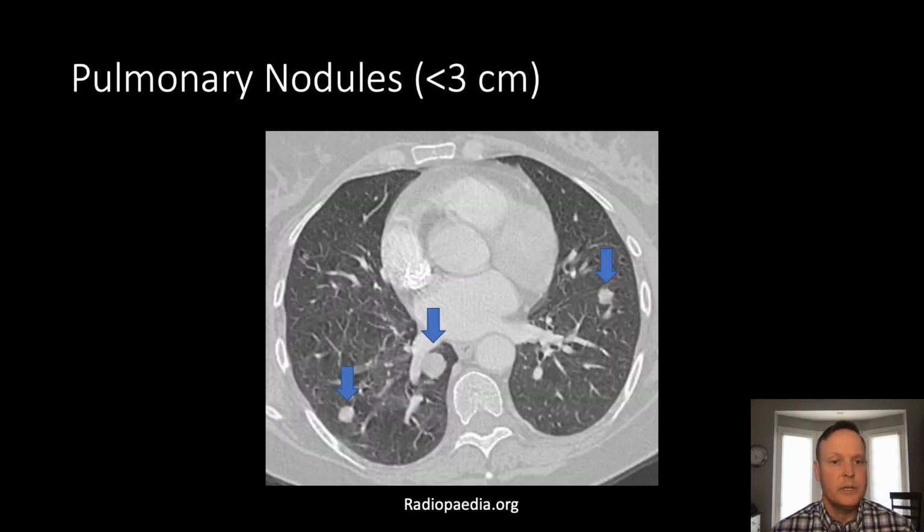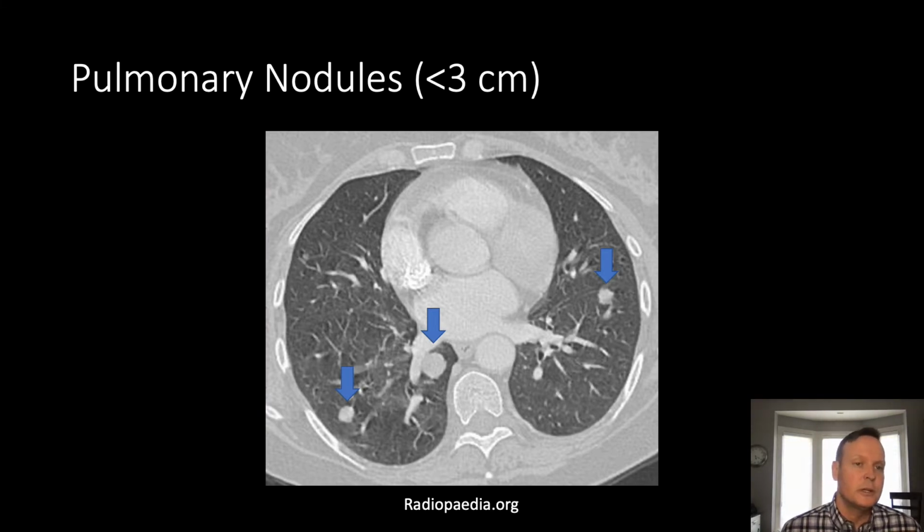In this example, I'm showing you scattered pulmonary nodules in the bilateral lungs. Nodules are less than 3 centimeters by definition, and usually for metastatic disease in the lungs, it's a hematogenous spread, so it's going to distribute itself randomly throughout the lungs. You can have other types of spread of malignancy within the lungs, such as lymphatic spread, that can have a different distribution.